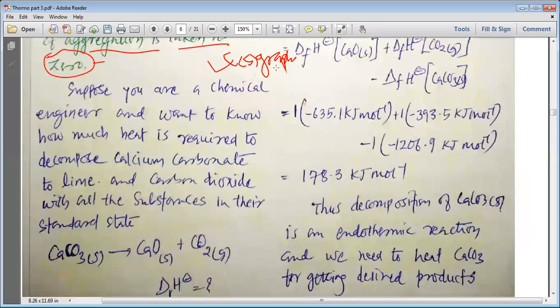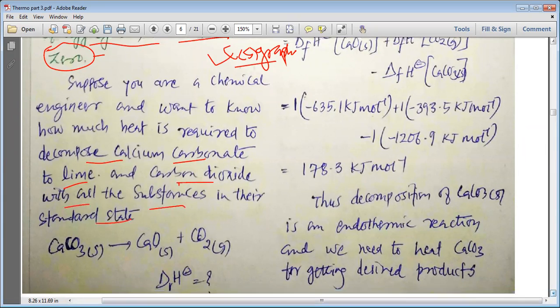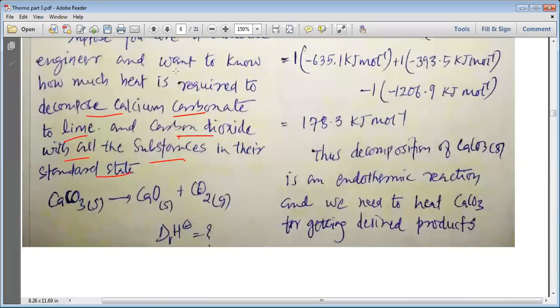I have taken an example to make you understand this. Suppose you are a chemical engineer and want to know how much heat is required to decompose calcium carbonate to lime and carbon dioxide, with all the substances in their standard state. Here you provide heat and you decompose this.